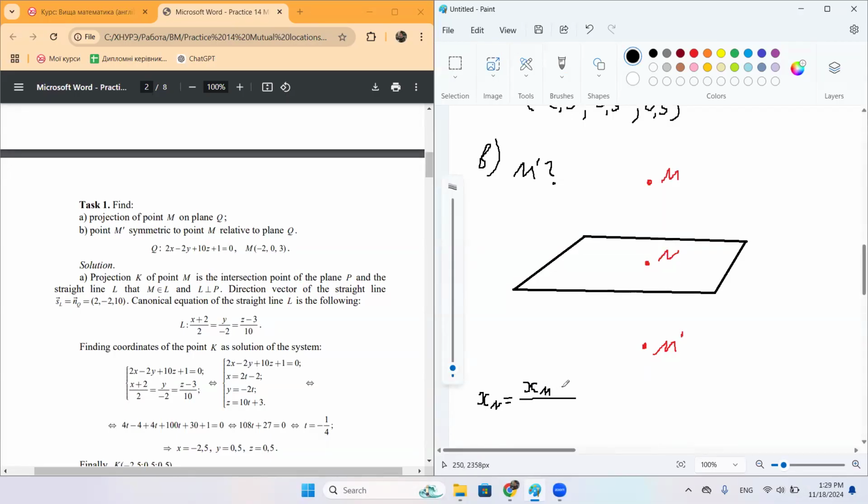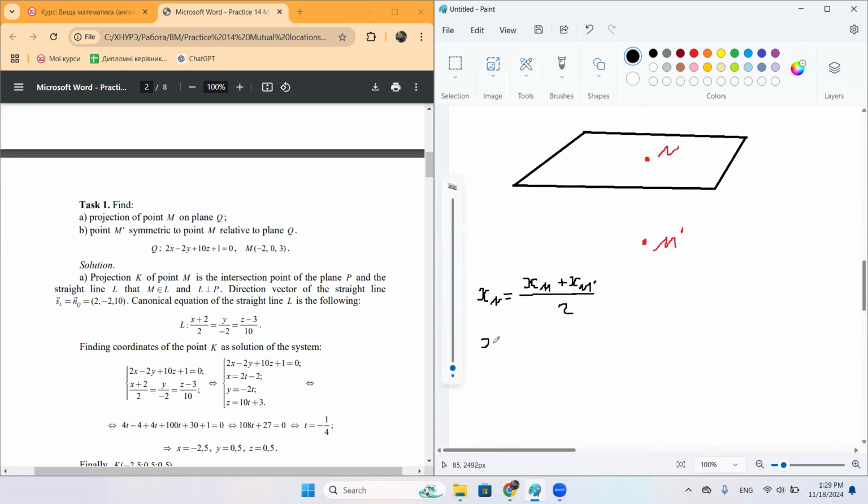Yes, we used this formula in the previous task. Yeah. So just reminding you. I mean, we used this formula in the previous lesson. Yeah, we used it. So 2xn minus xm.